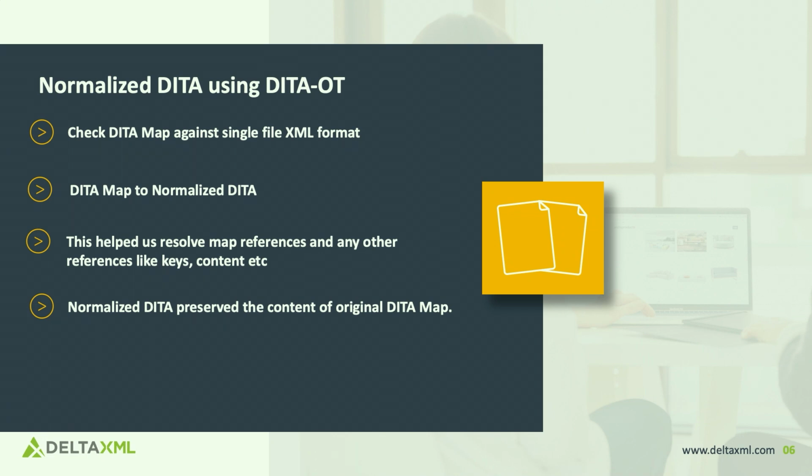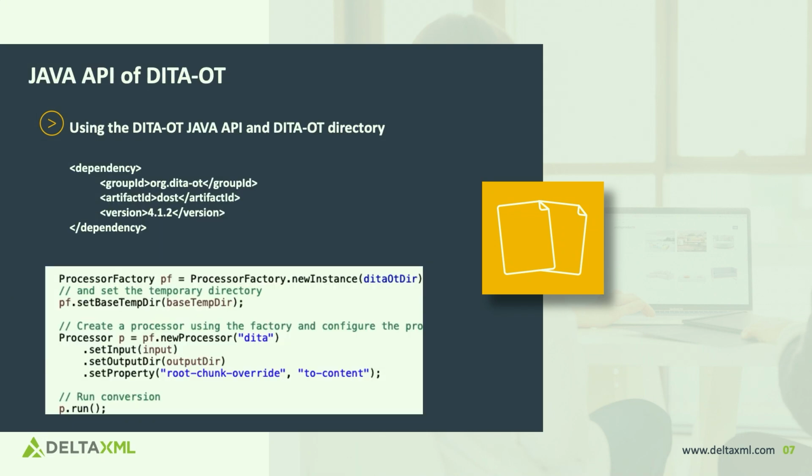In order to do that, we used the Java API, and because our project was Maven, we took the DITA OT dependency from Maven Central, and along with that, obviously we also need the DITA OT installation directory itself, because it has certain dependencies as well as the resources like catalog and plugins which are needed for that conversion.